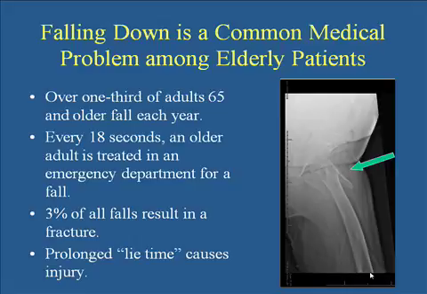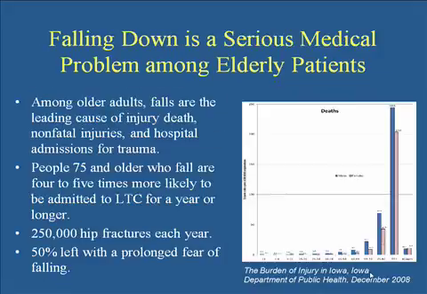And if there's not a fracture, sometimes prolonged lie time can cause injury, such as muscle breakdown, rhabdomyolysis, and severe bruising. So not only is falling down a common problem, it's actually quite a serious medical problem, as we've just started to discuss.